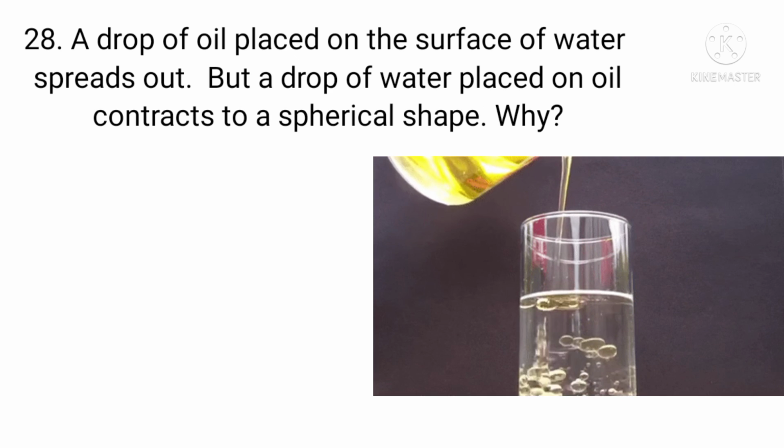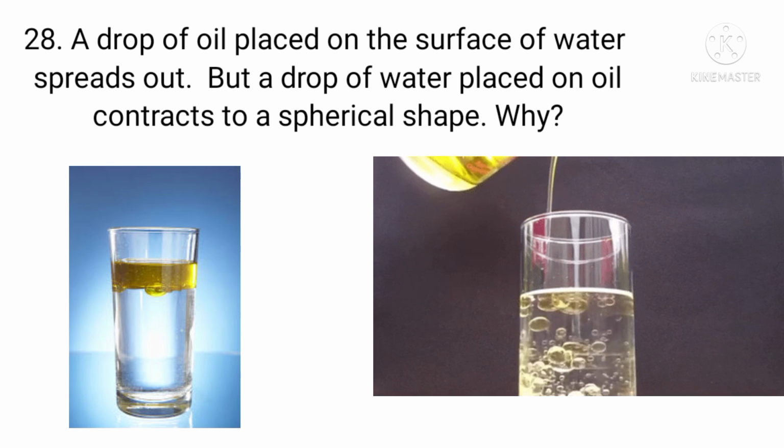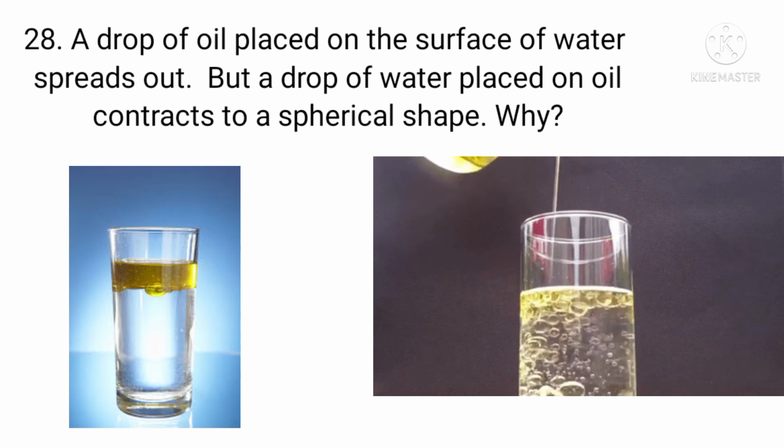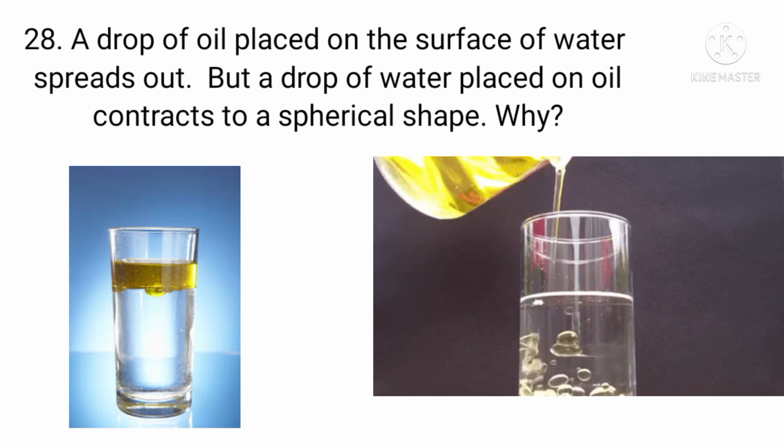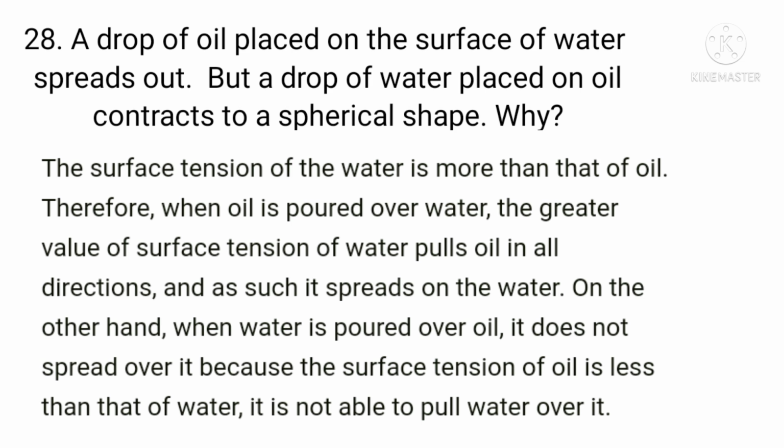A drop of oil placed on the surface of water spreads out, but a drop of water placed on oil contracts to a spherical shape. Why? The surface tension of the water is more than that of oil.